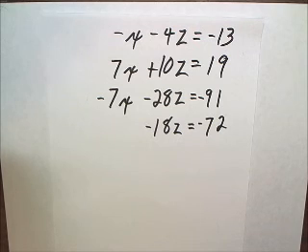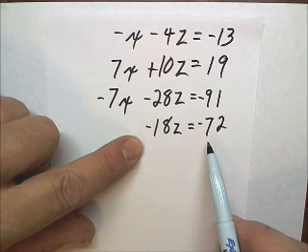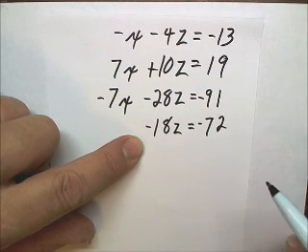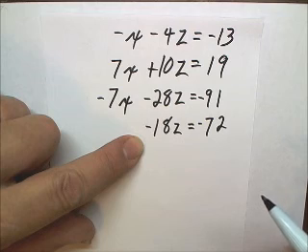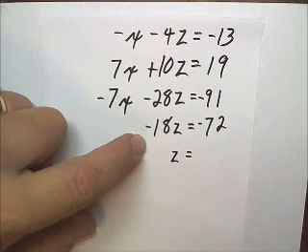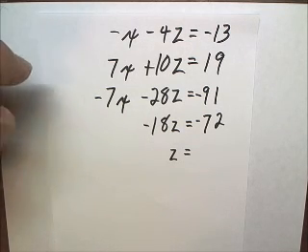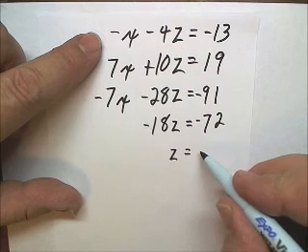So negative 18z is equal to negative 72. Now, when I divide both sides by negative 18, I get z is equal to 4.